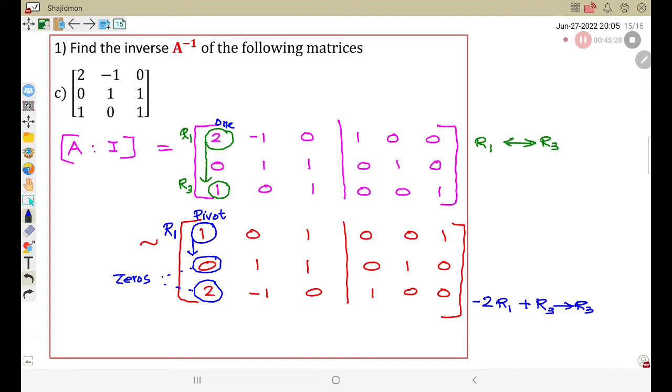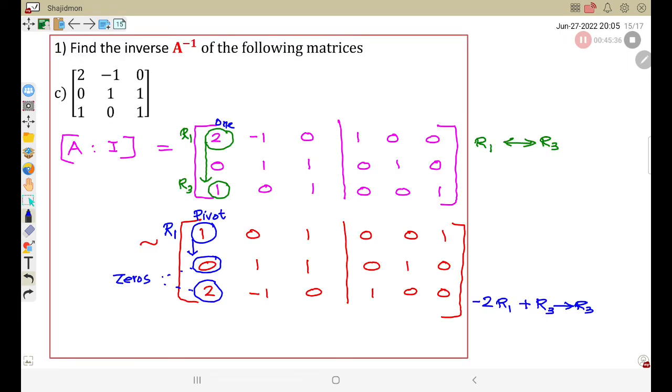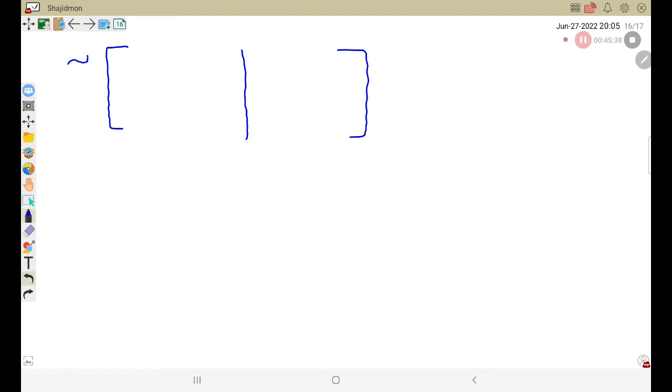So I will write the answer here. You can check the calculation yourself. The equivalent matrix: which row are we changing? Only the third row. First and second are the same. So the first row is 1 0 1, 0 0 1.